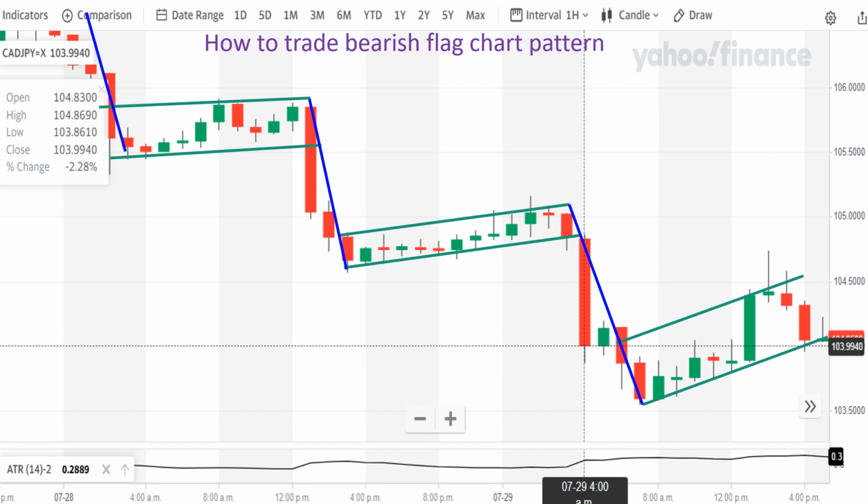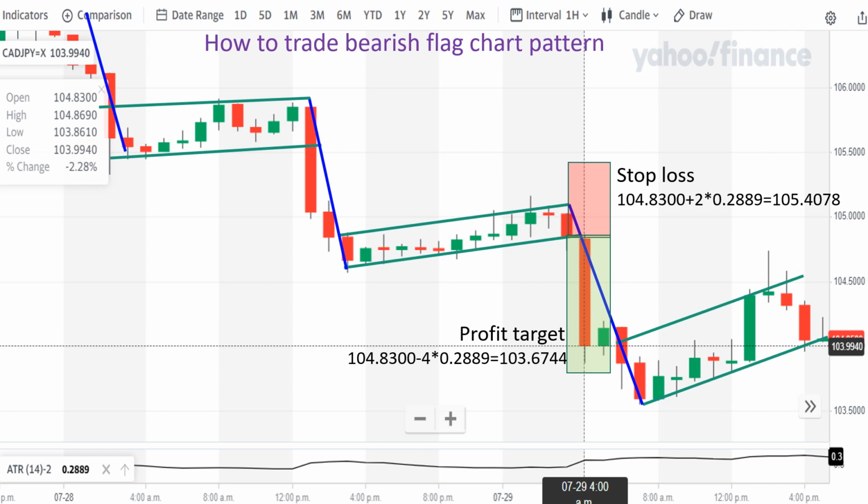So this is going to be my stop loss and this is going to be my profit target. You can also use 1 ATR above the high of this candle for stop loss and 2 ATR below the low of this candle for profit target.